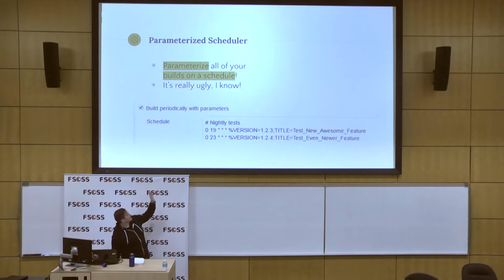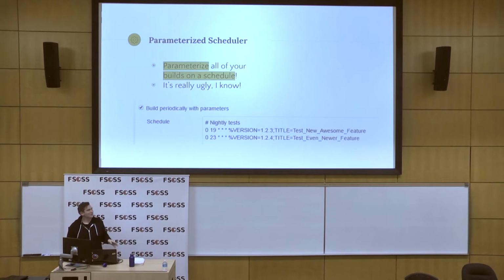So you've got to use your cron notation at the beginning and then define parameters after that % sign. And it doesn't really work very well for individual runs. But oh yeah, a Jenkins pro tip: if you need something to run on only one day, you can schedule it for just one day of the year and pray that you remember before that day next year to delete it.